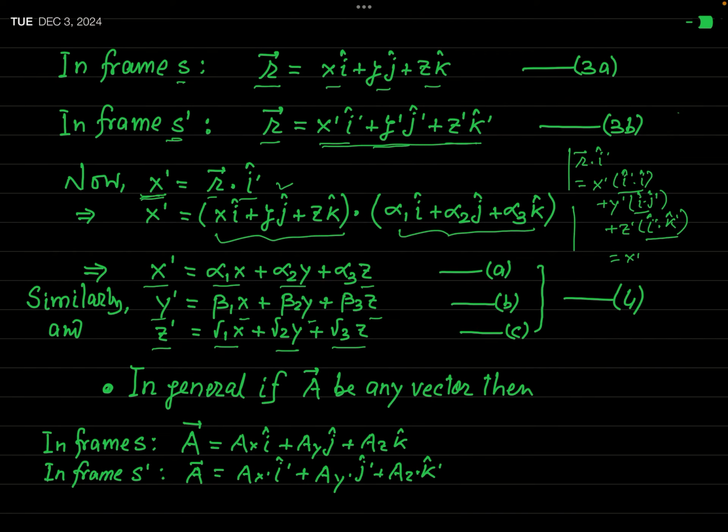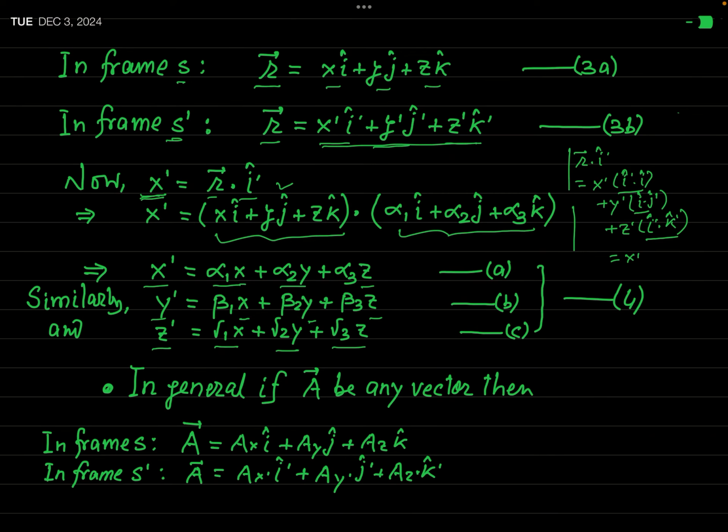So now see this equation 4. From equation 4, it is easy to find x', y', z', that is the position coordinates of point P with respect to frame S', if we know x, y and z.